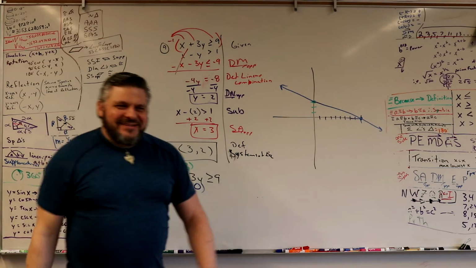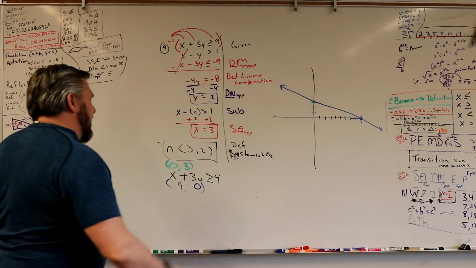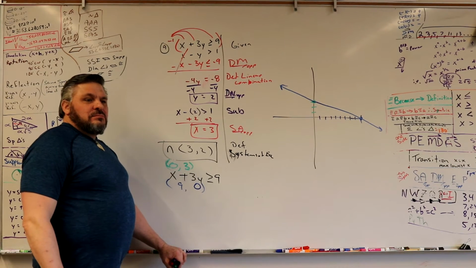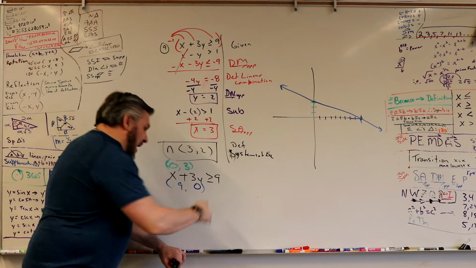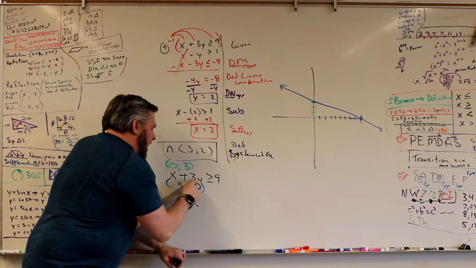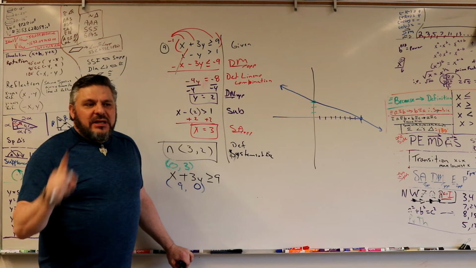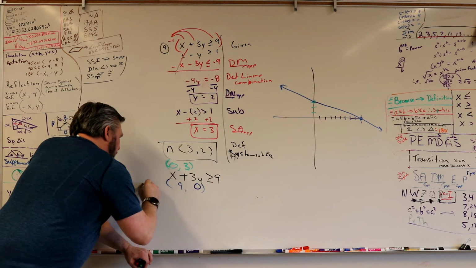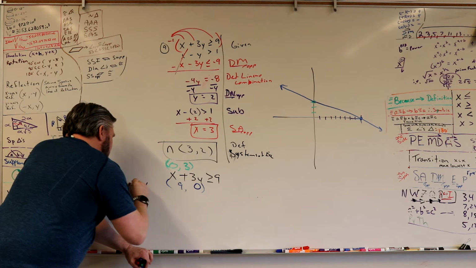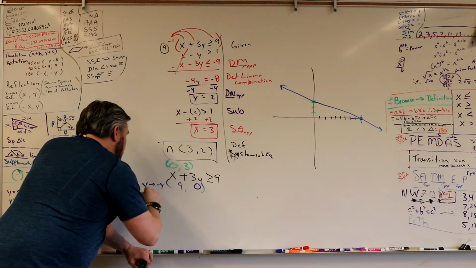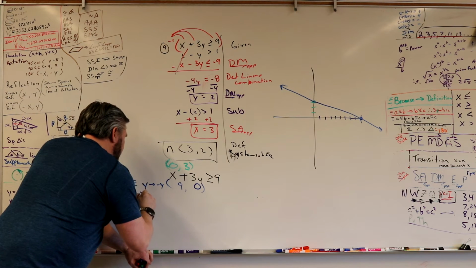No. What's it say right here? Equal to or greater than? Greater than. Now, if the y is negative, we would do the opposite. Remember, if the y is negative, do the opposite.